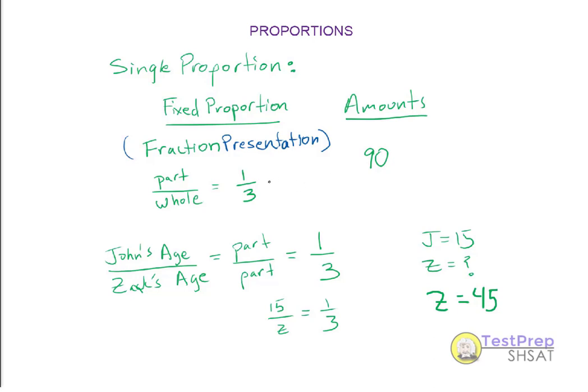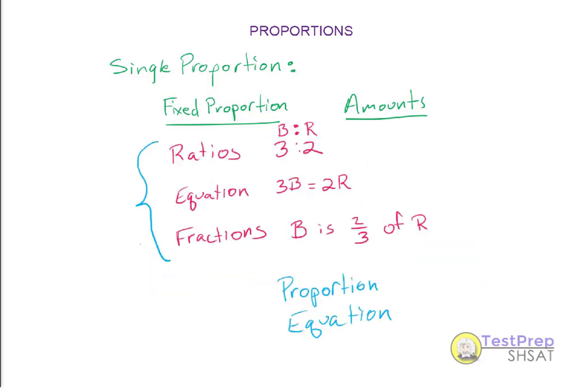Part to whole equals 1 to 3. That represents, out of a total of 90, how many would meet whatever condition, be the part. Maybe it's the number of blue marbles picked out of a bag, etc. And we already have our proportion equation set up for us, and N would equal 90 divided by 3 in this case, which equals 30.